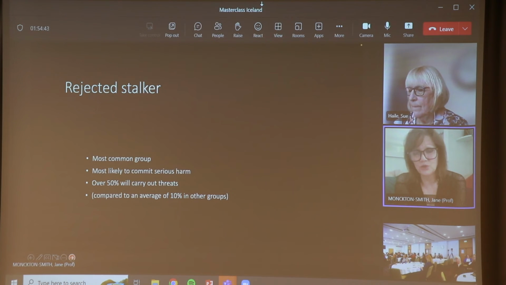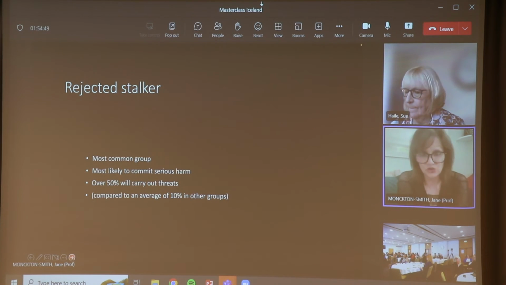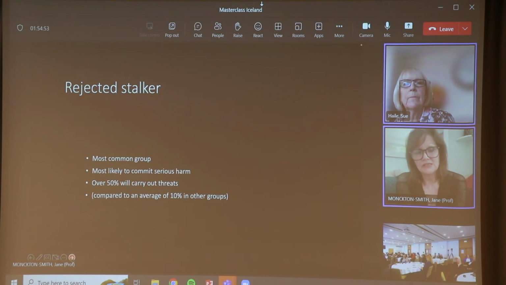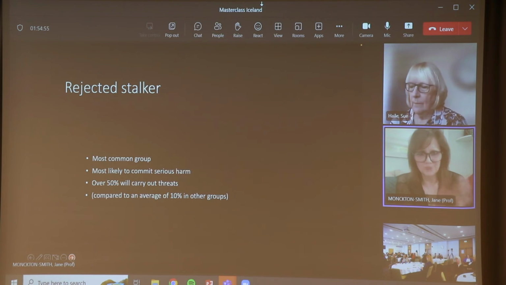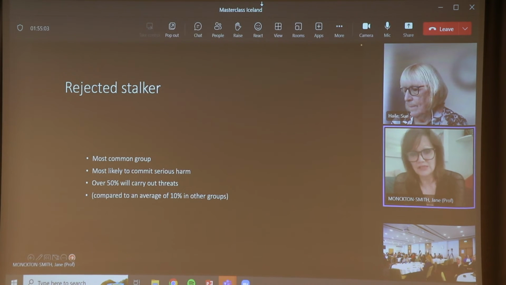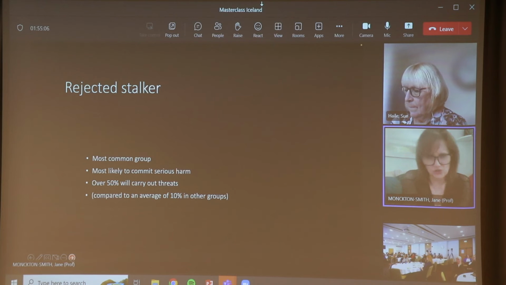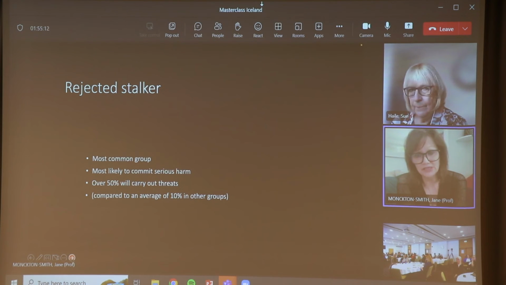Historically, I think we've looked at stalkers and thought that intimate partner stalkers are the least dangerous. That is not true. It is the opposite, in fact. In some research we were looking at when we're thinking about risk escalation, it was found that over 50% of rejected stalkers will carry out threats that they make, compared to an average of only 10% in other groups.